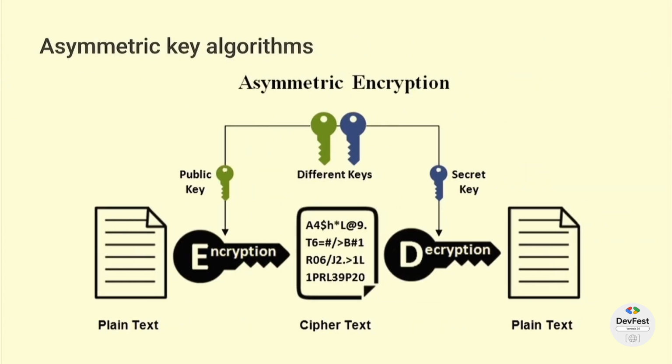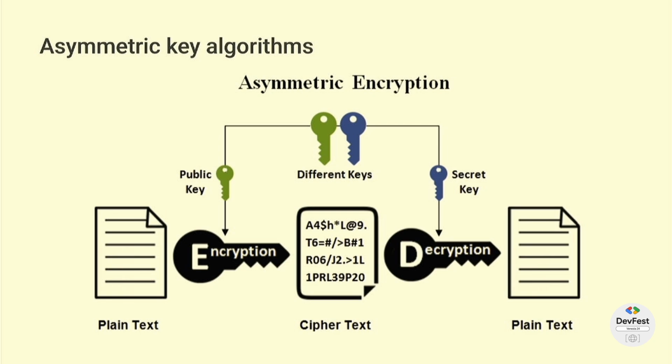Then we have asymmetric key algorithms, which use a pair of keys. One, the public key, is used to encrypt our data, and the other, the secret or private key, is used for the decryption phase. When we have a ciphertext, we obtain the plain text with our secret data.